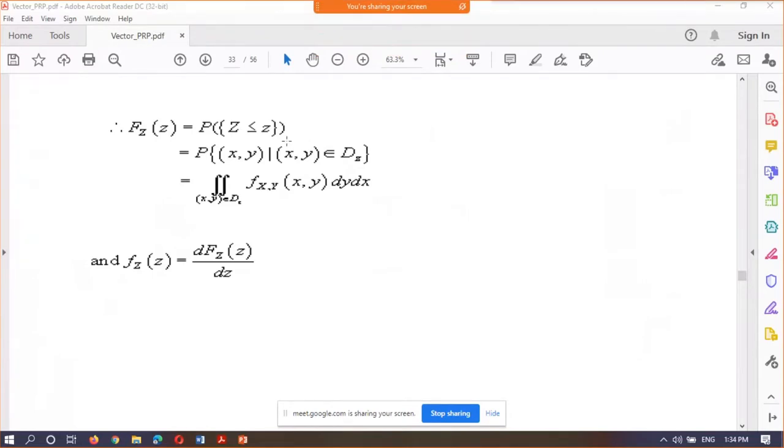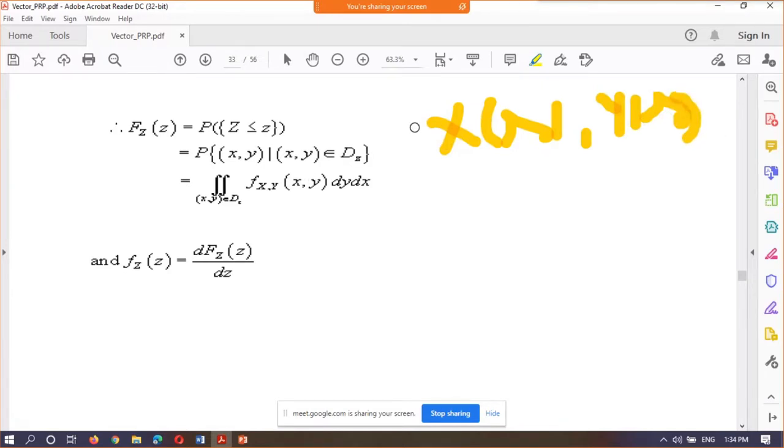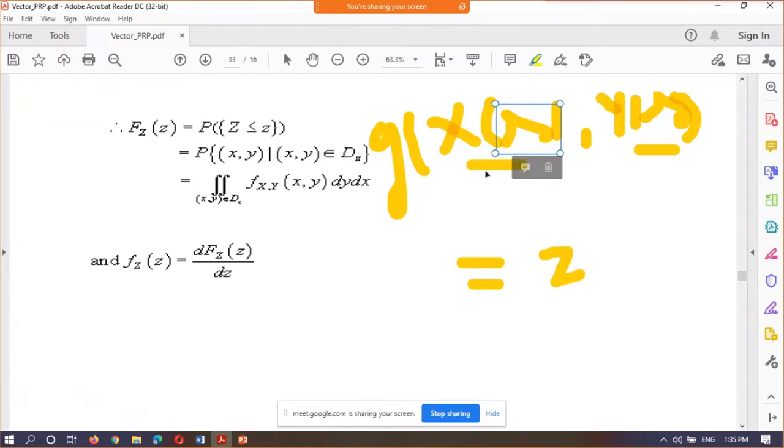So the event is Z less than or equal to z, and in this we are talking about those sample points s for which we take the g image, because we know that X(s) is a real number, Y(s) is a real number, and once we apply g we get some real number, say z.